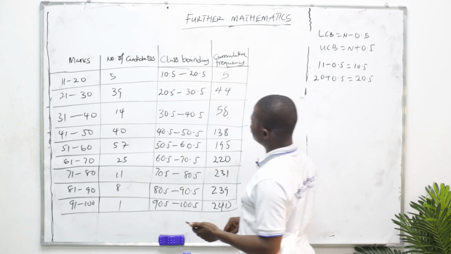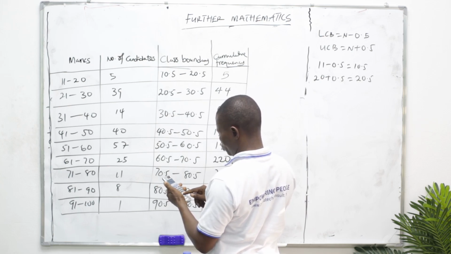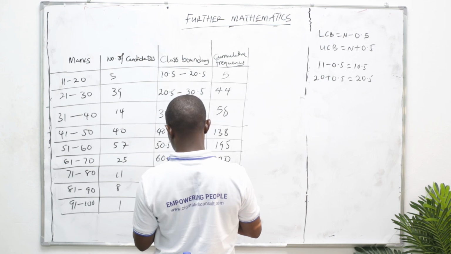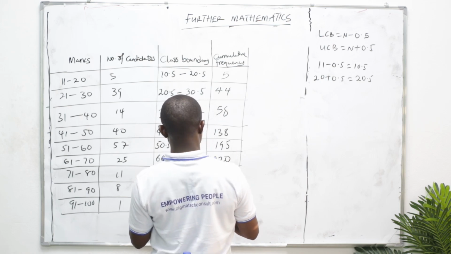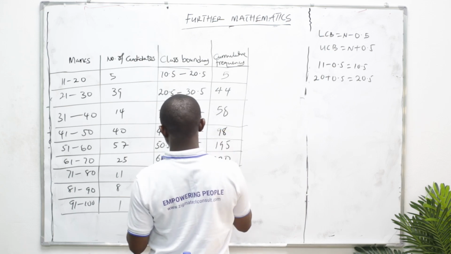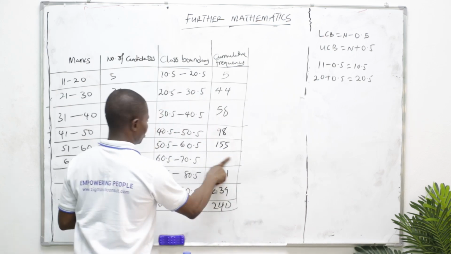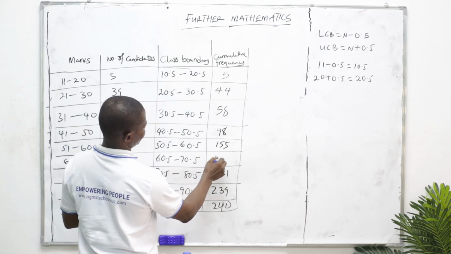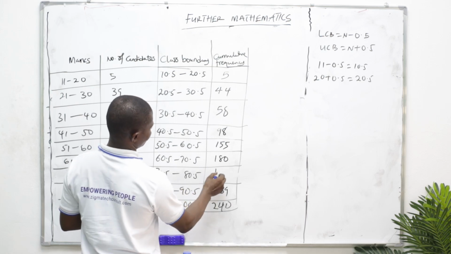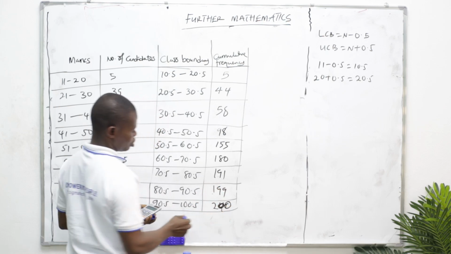Meaning 5 plus 44, plus 14, 58 plus 40, okay, 98 plus 57, 155 plus 25, 180 plus 11, 191, 199, 200.